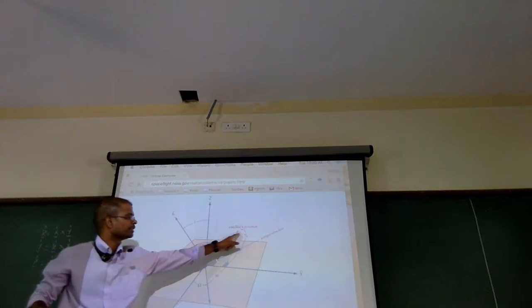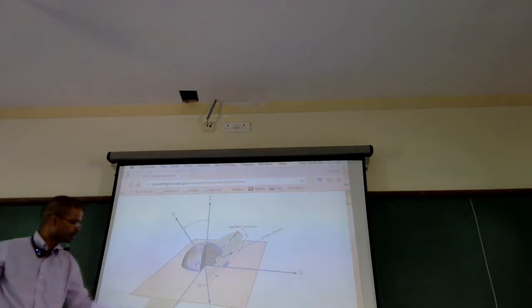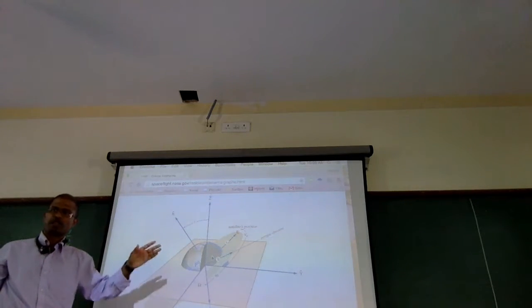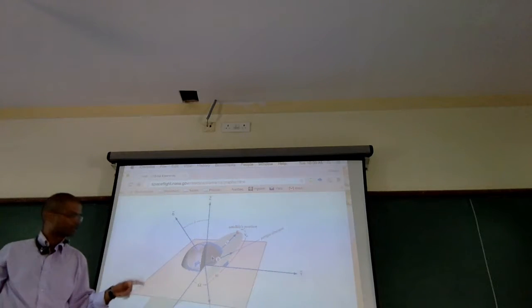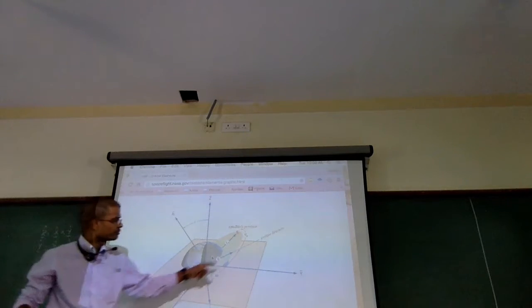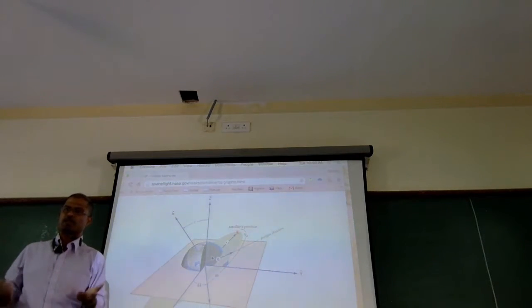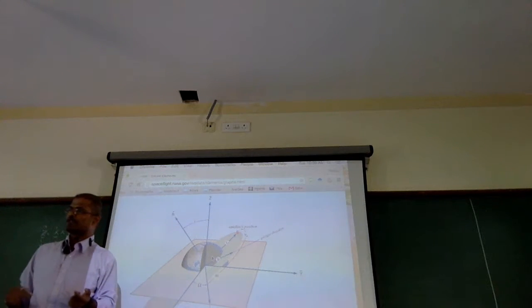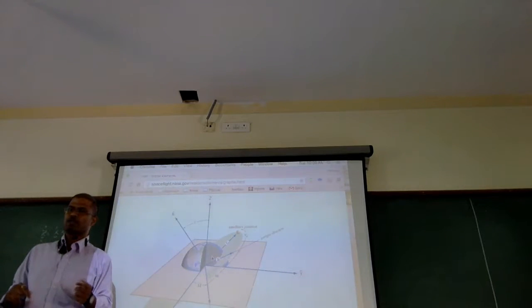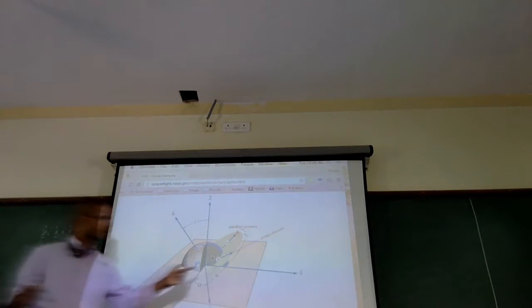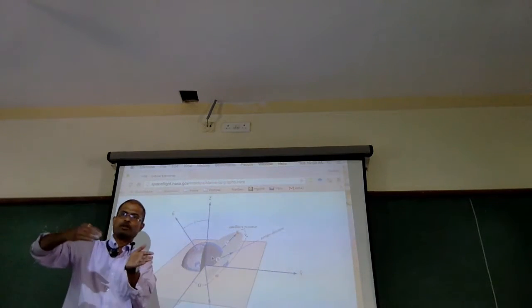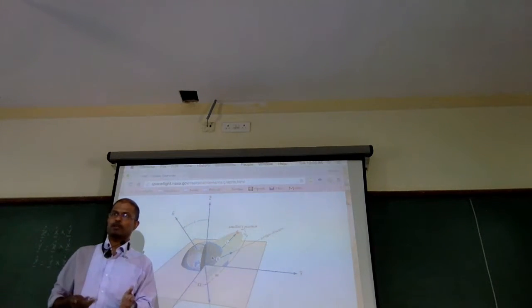If this is the orbit, you understand that the striped plane is the orbit. I can draw something on this plane itself, a bigger one. That would be something with the same eccentricity. The a would change. You can visualize that. If I change a, the orbit will be even smaller or bigger. So a defines the size of an orbit.